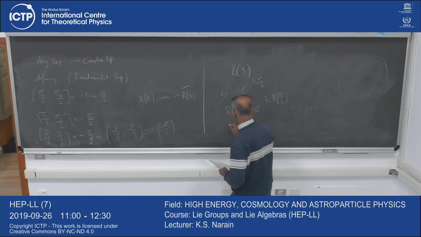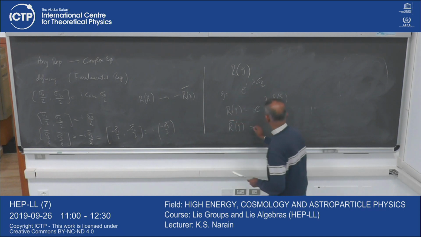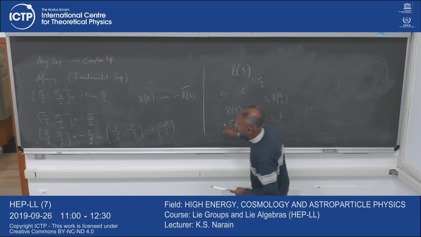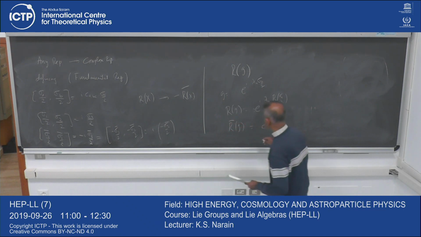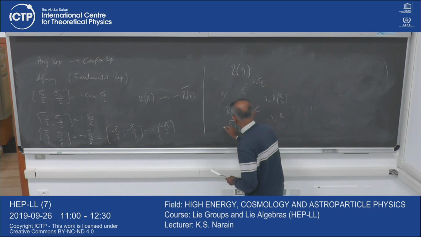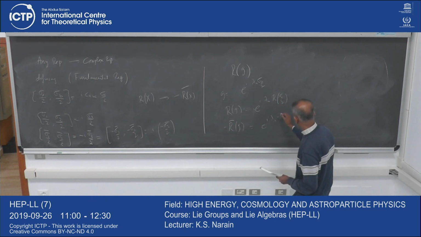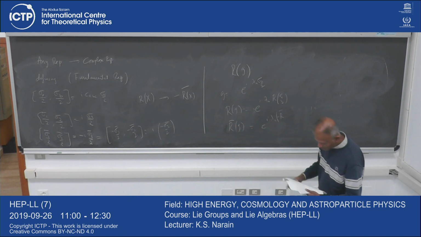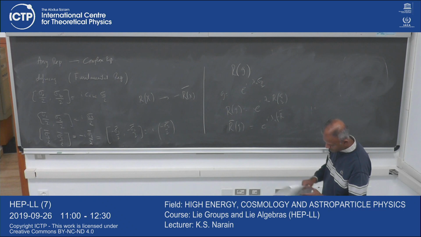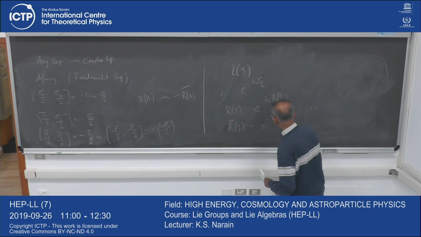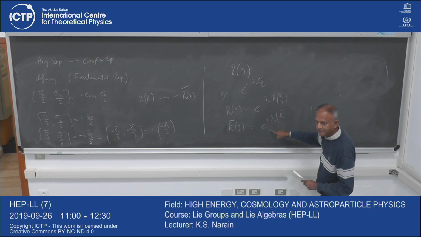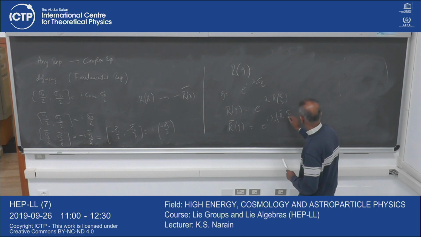You can of course then also define the complex conjugate representation R bar of G. I will define this complex conjugate representation simply as the complex conjugate representation of the generators, and exponentiating that. So sigma A by 2.